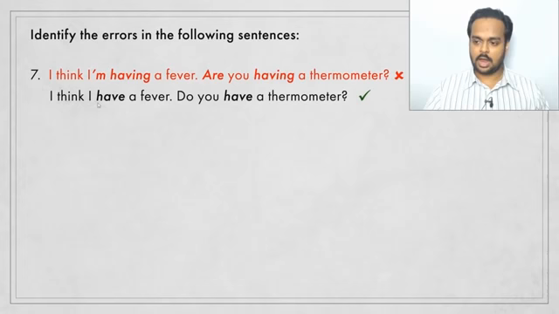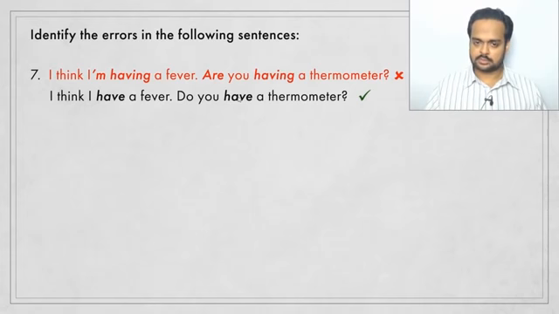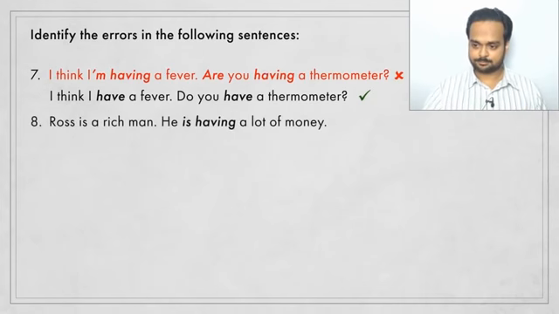And that is because I think I have a fever expresses an illness, which is a state or a situation. Do you have a thermometer means do you own a thermometer? Do you have a thermometer available with you? Okay, that is also something that expresses state or situation. So in both of these, you cannot use ing forms.